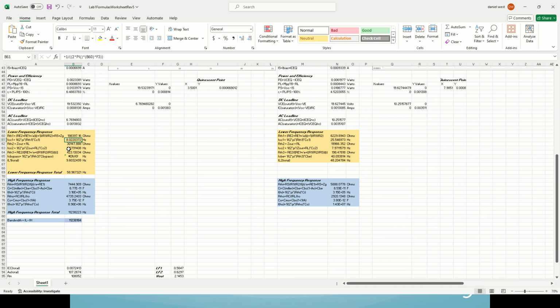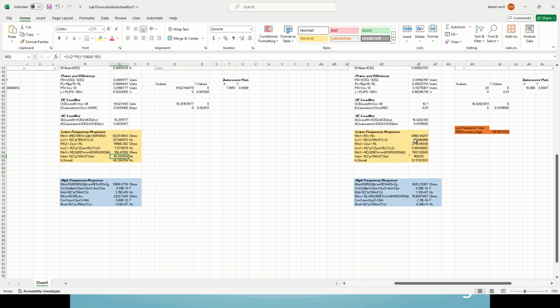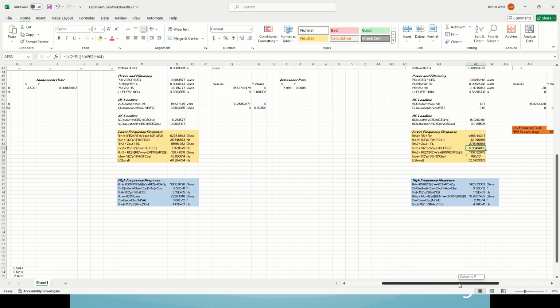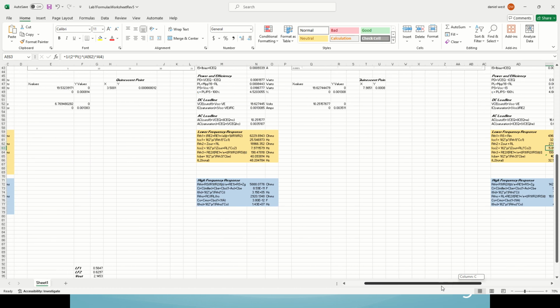We have the input capacitor, output capacitor of the first stage, input capacitor, output capacitor, bypass capacitor of the second stage, and then input capacitor and output capacitor of the final stage. So looking at all those values, the dominant one is the one that has the highest frequency, which is the second stage bypass capacitor.